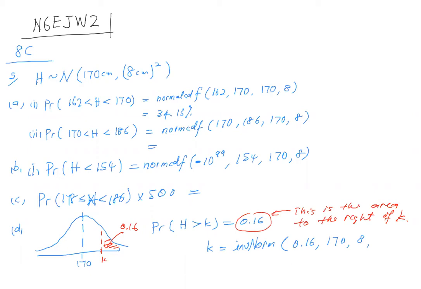Okay, this is right. For those who don't have this, the other type of calculator, you have to do inverse norm 1 minus 0.16, 170, and 8. Are you clear?